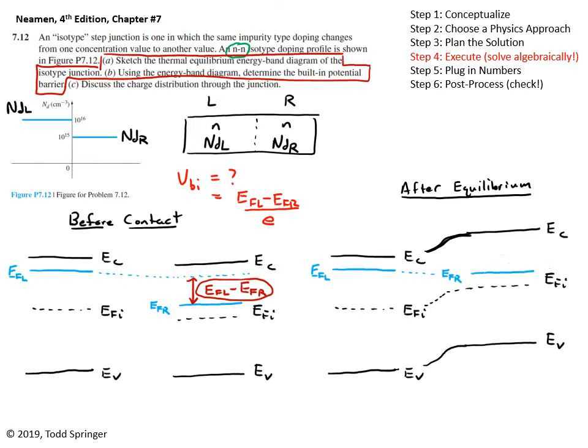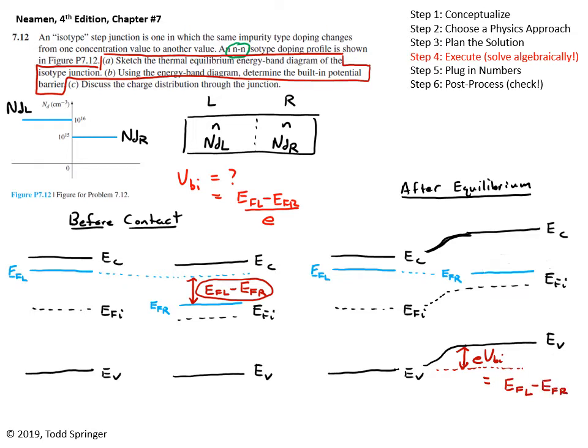And how high is this hill? This built-in potential here, which we call e VBI, well, that is exactly the amount that we had to shift it upwards. It's exactly the height of the original shift, or the height of the original difference between the Fermi energy on the left and the right.